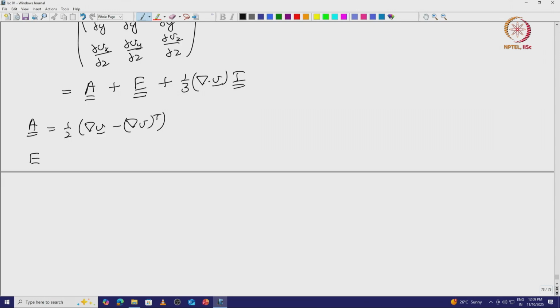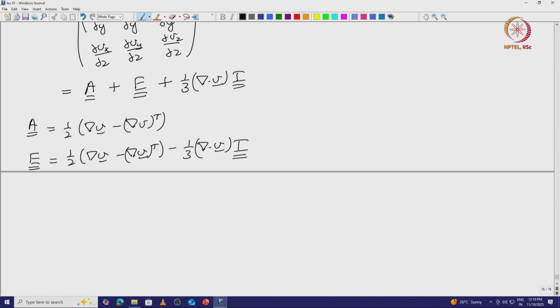This symmetric traceless part is equal to 1/2 of grad V plus grad V transpose minus 1/3 del dot V into the identity tensor.